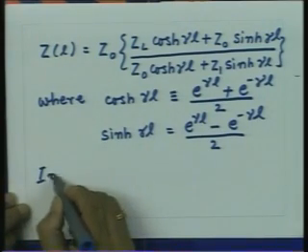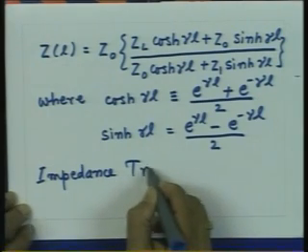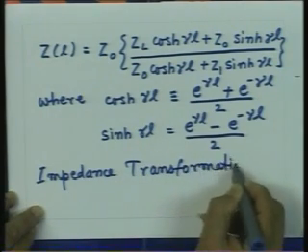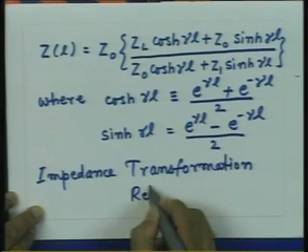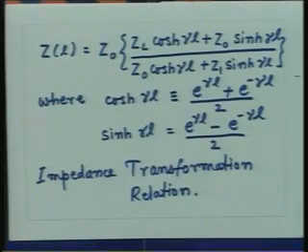So, this relation we call the impedance transformation relation. And this relation is a very important relation in transmission line calculation, because what it tells you is that if a line is terminated in impedance which is equal to ZL, the impedance which you will measure at the input end of the line will not be ZL.